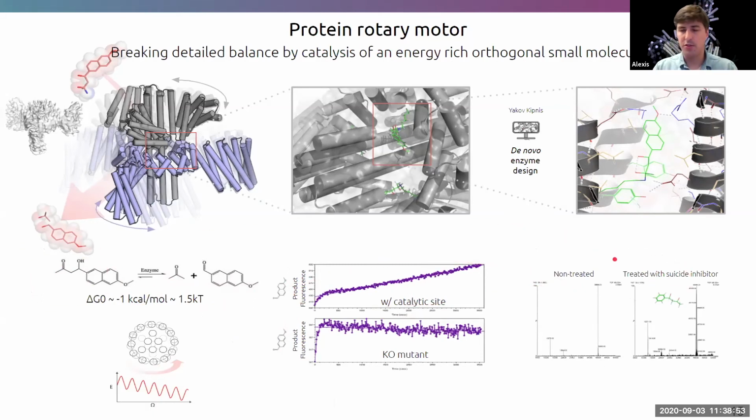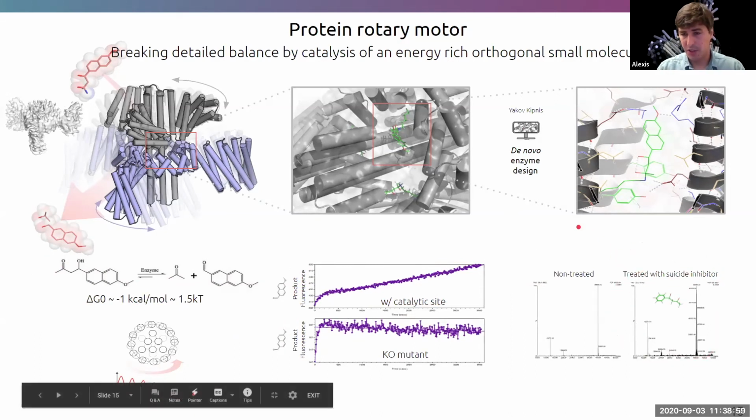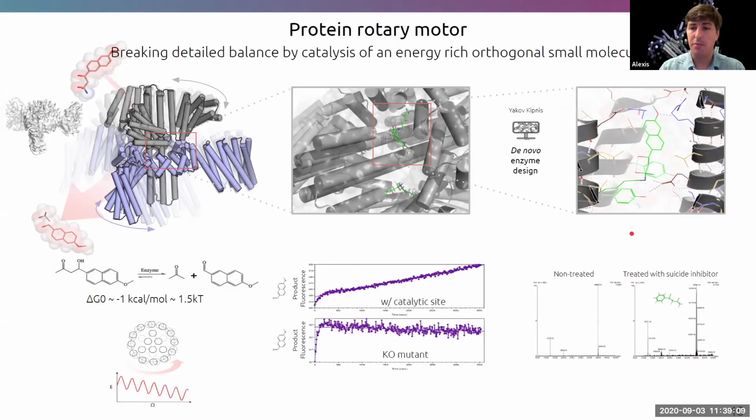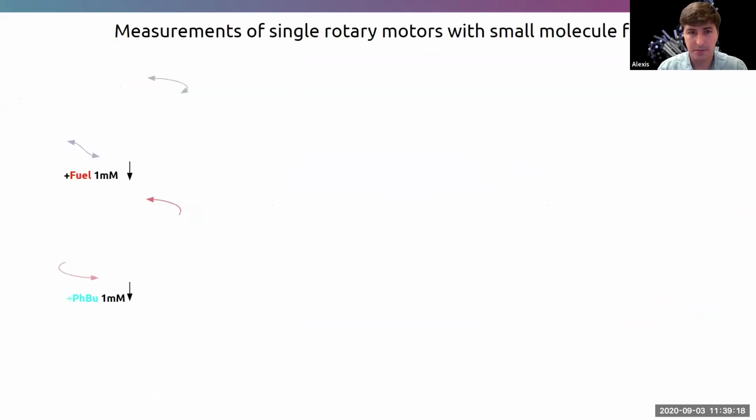That's very useful because this diketone reacts covalently with the protein and generates an adduct that we can then measure. And I'm going to show you why this is also very interesting, because by covalently reacting this product on the protein, you can modify the energetics of the interface and actually lock in place the rotation of the protein.